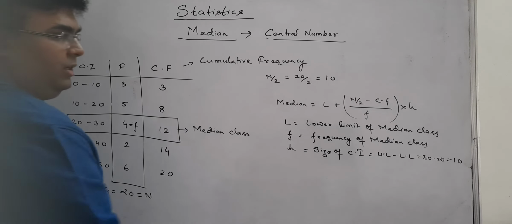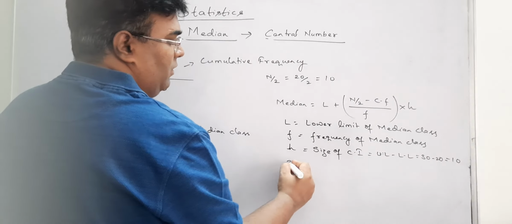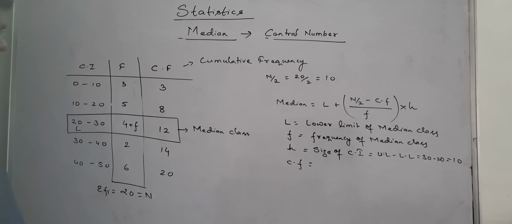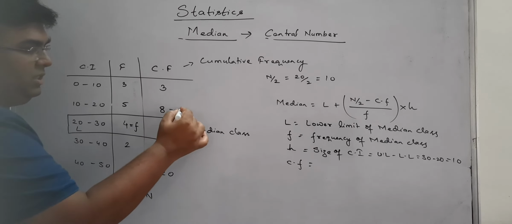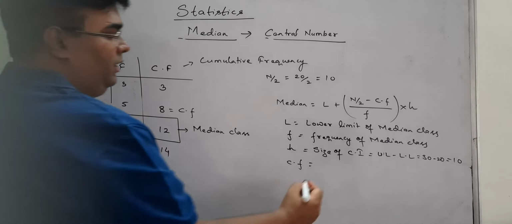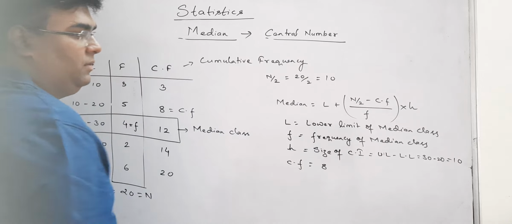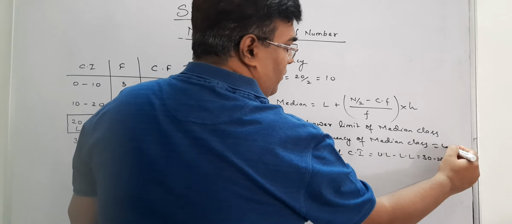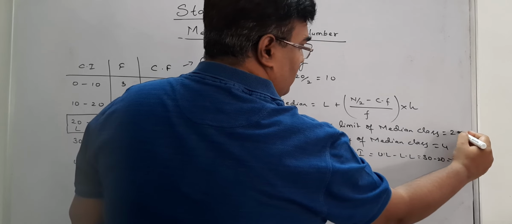Now the only thing left is CF. What is my CF? CF is the cumulative frequency previous to the median class. Means this is my CF. Correct? So here the frequency was 4. Lower limit was 20.